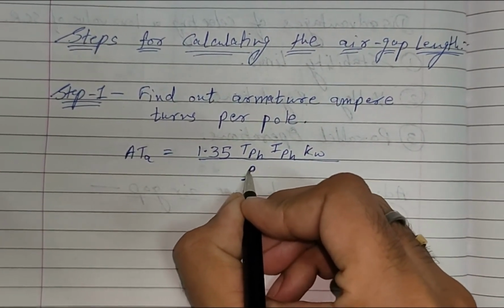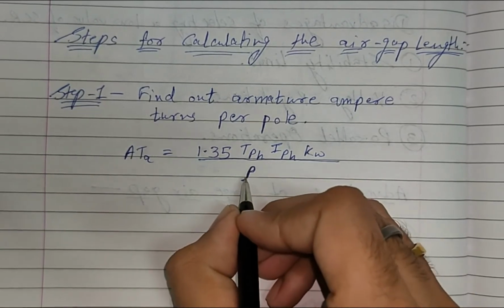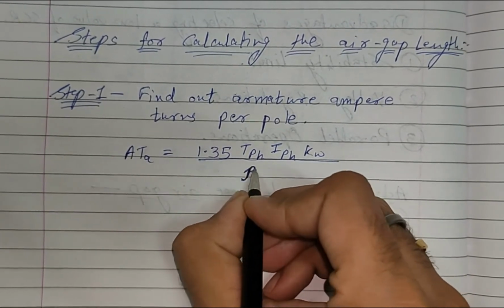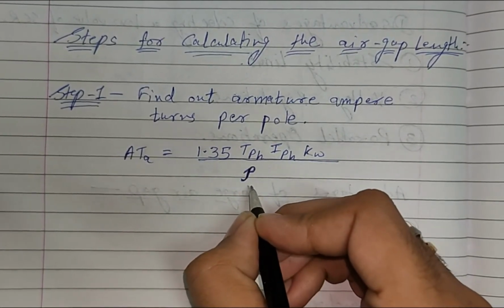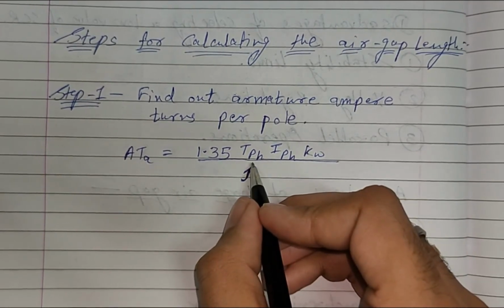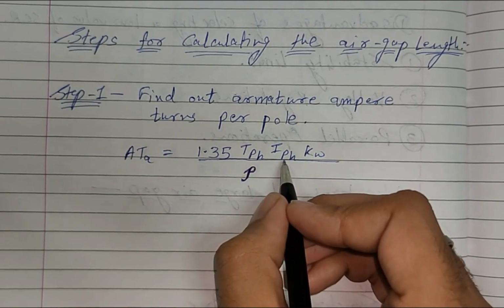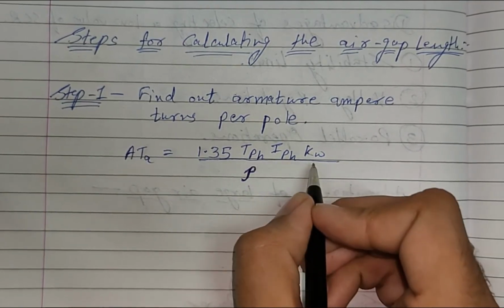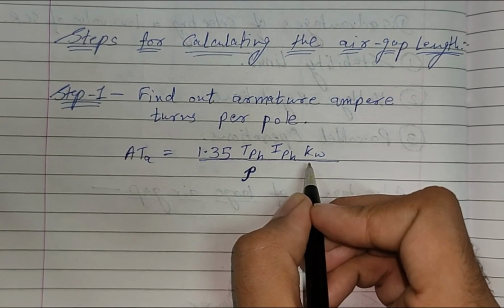I hope you are getting this. This is not rho, this is small p, where small p indicates the pair of the poles which are involved. 1.35 is the constant, T_ph are the turns per phase, I_ph is the current per phase, and k_w is nothing but the winding factor.